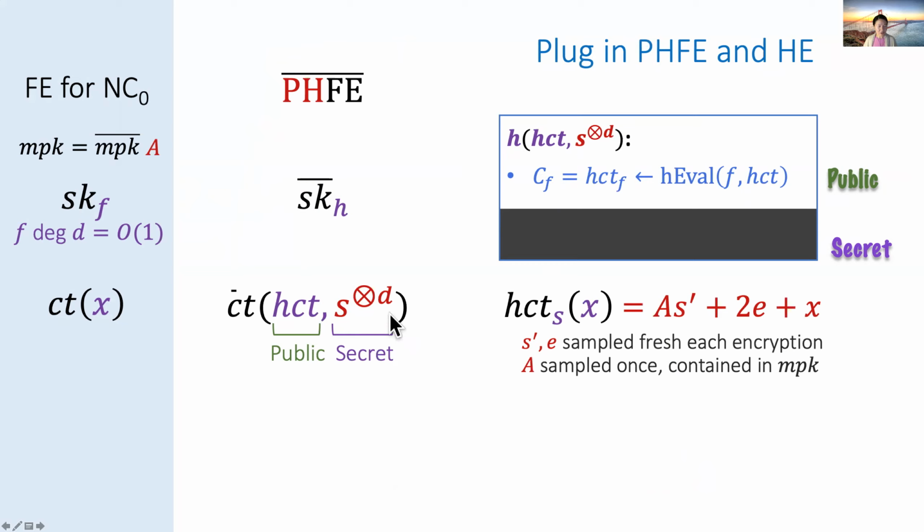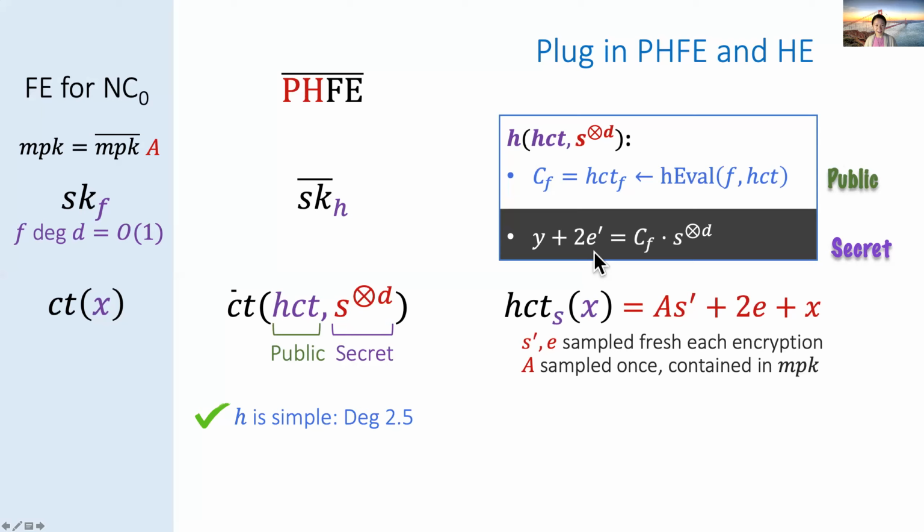However, not just the HE secret key as is, but actually all of the degree D monomials in it are encrypted as the secret input. Now with these two inputs, the function H can again homomorphically evaluate F to produce the output ciphertext, which is CF. And then decryption is linear in the sense we just multiply CF with S tensor D times, and that already gives us a perturbed output Y plus 2E prime.